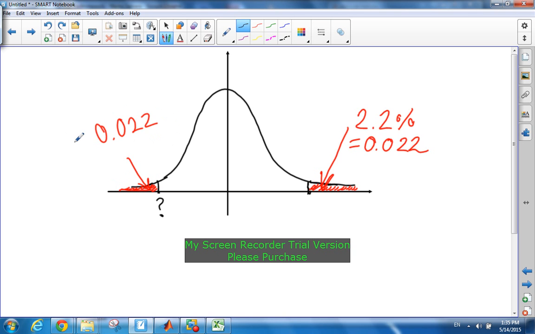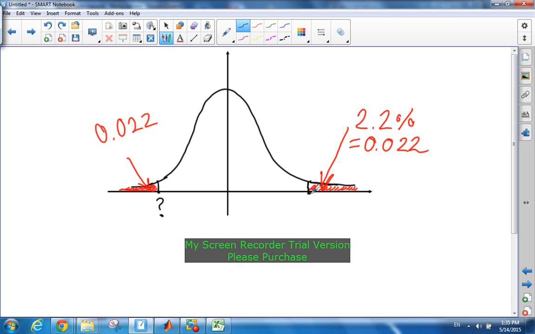Okay, so it's a kind of inverse process of what we were doing so far, and we will be using the function in Excel NORM.INV. So it gives you an inverse cumulative function, that gives you the z-scores that correspond to that probability.